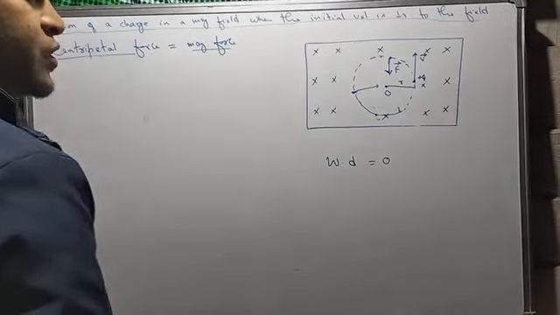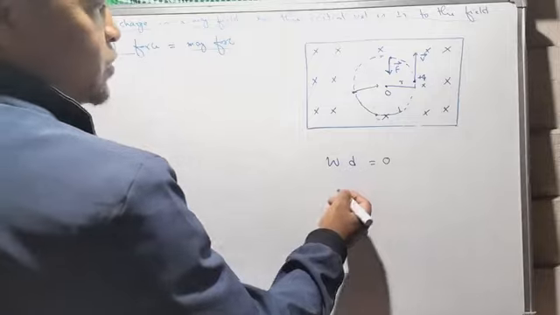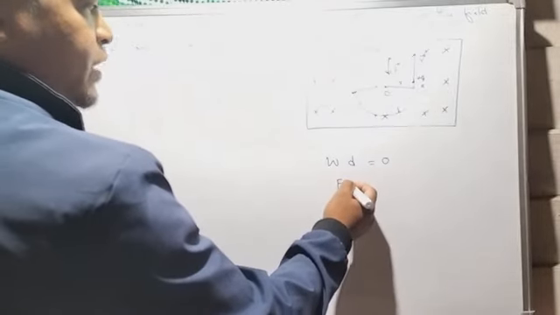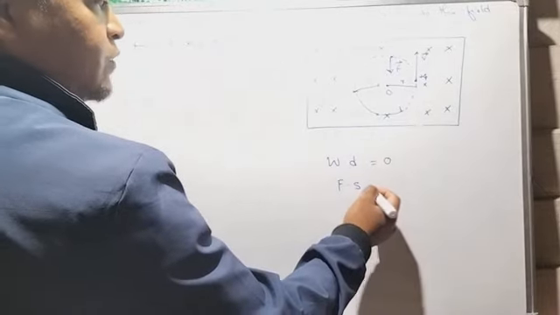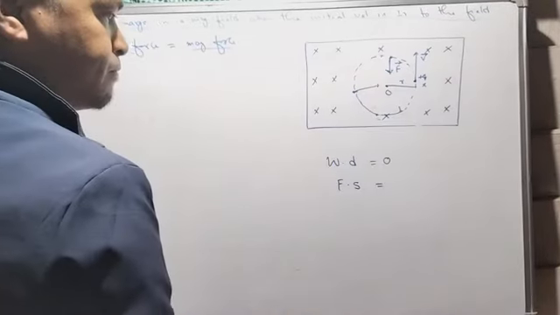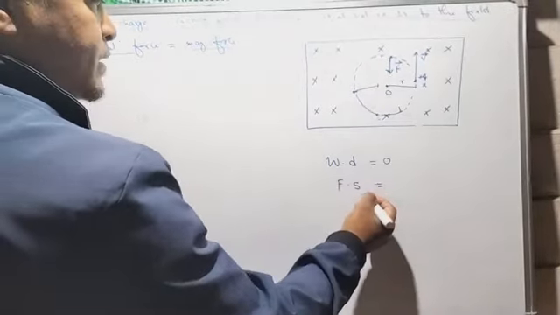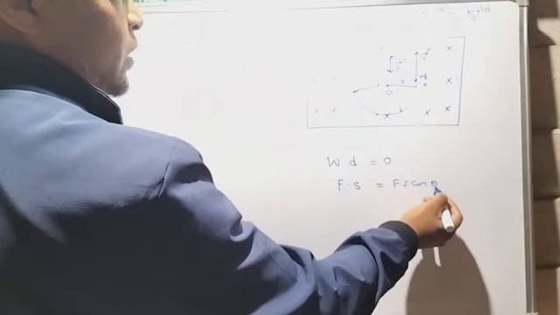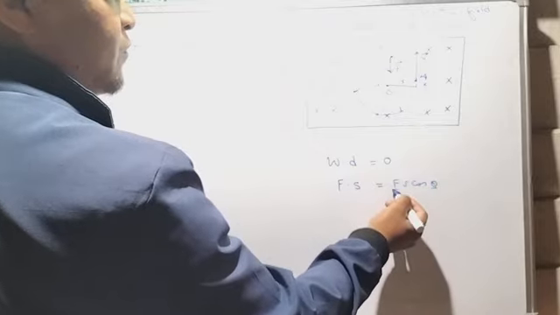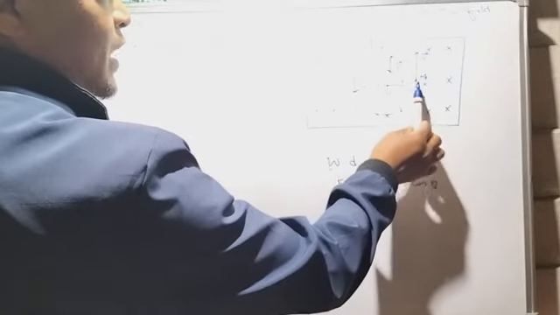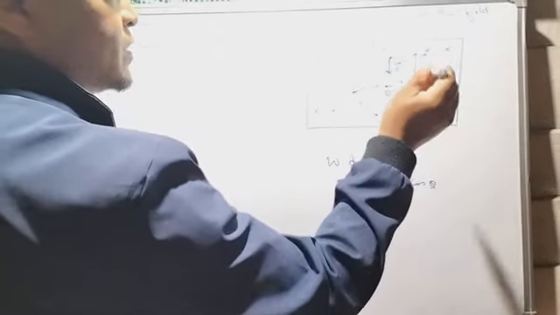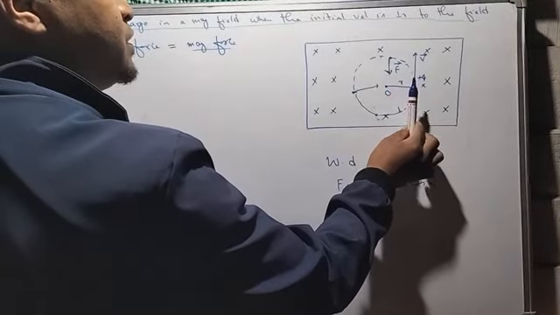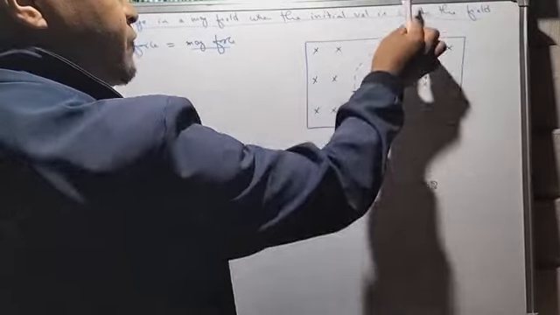So why is this work done equal to 0? As you know from the definition, work is equal to F dot S, force into displacement, and F dot S means Fs cos theta. What is theta? Theta is the angle between the force and the displacement. At this point, the force is acting perpendicular to the velocity, and the displacement is along the direction of velocity.